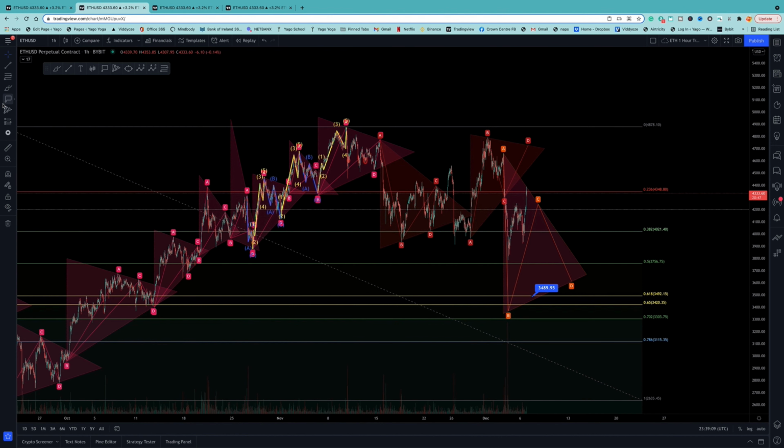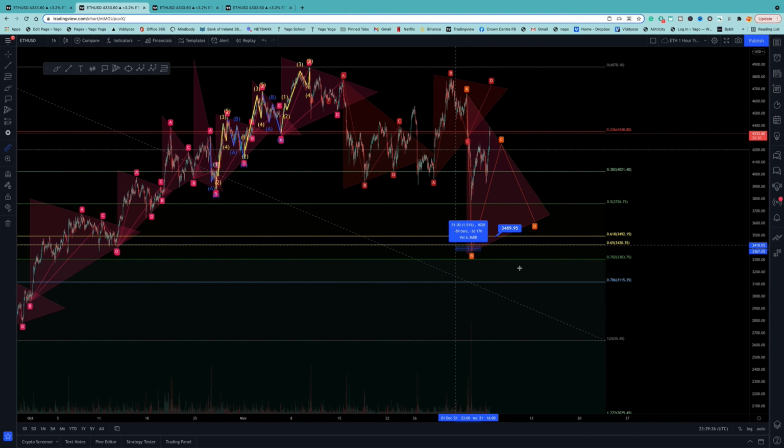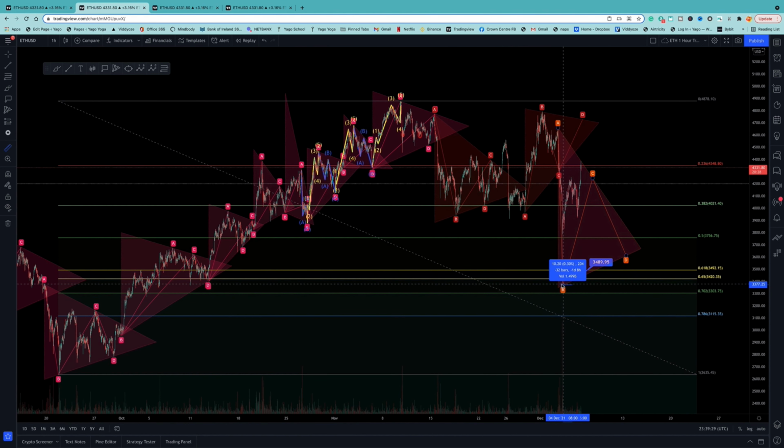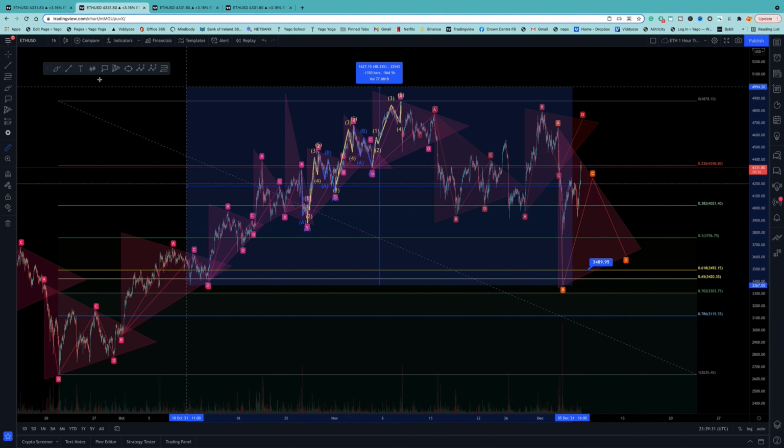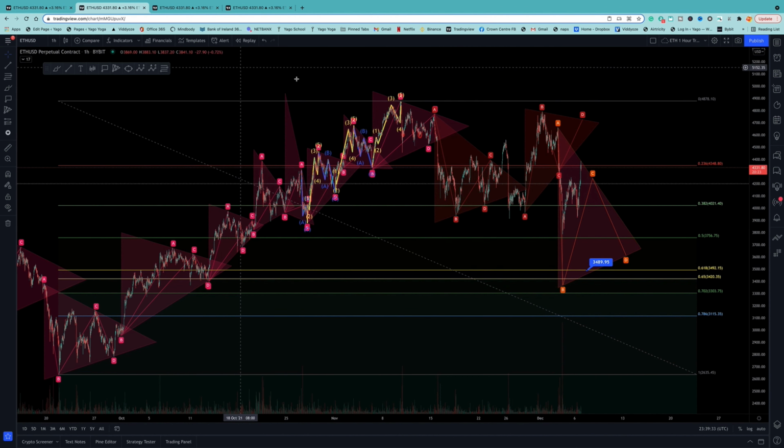It's not XRP. Let me do it this way. The price of Ethereum here was 4,871, 3,000, basically 3,400. Yeah, that is at 31%.